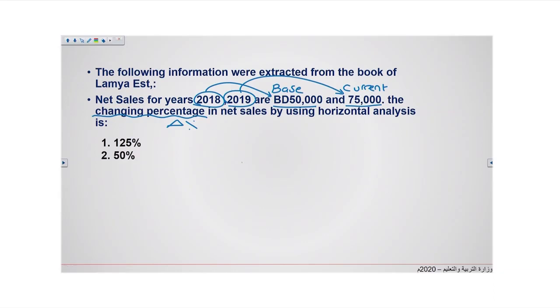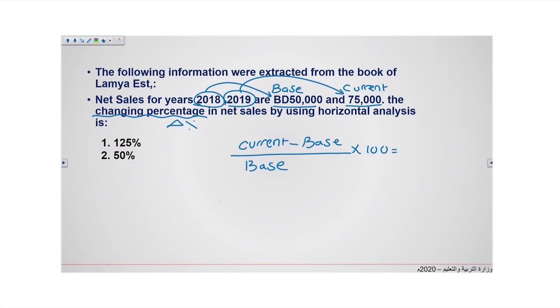Let's apply the formula. The formula said current year minus base year over the base year amount multiplied by 100.